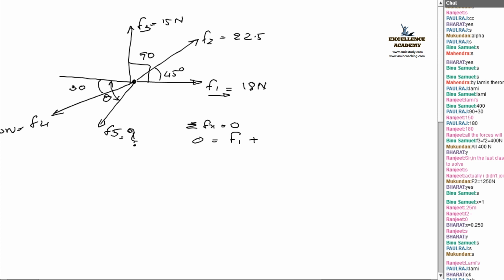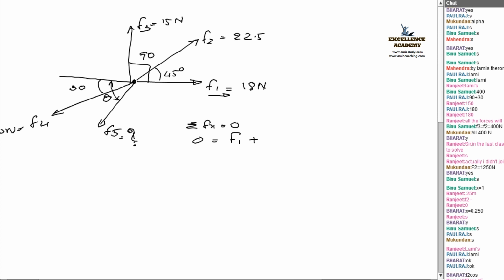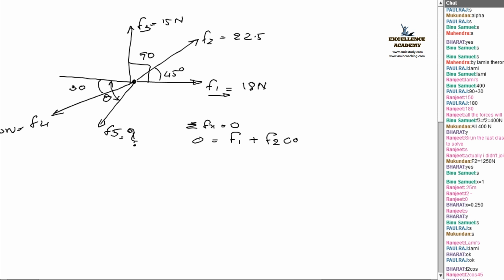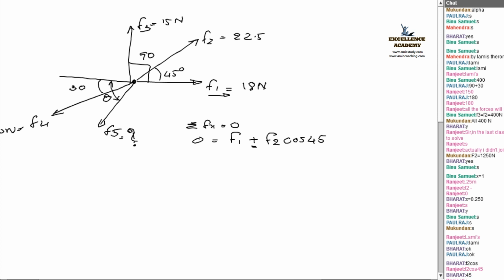F1 plus, yes, F2 cos 45. Is it minus or plus? Plus. Why is it plus? Because it is acting along the direction of F1 itself. Hence, it is in the positive direction.